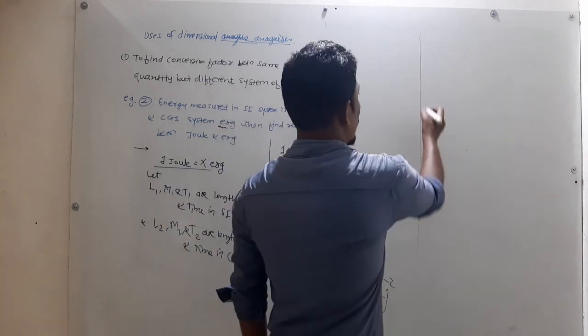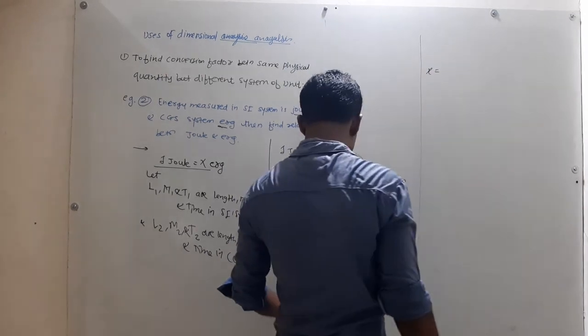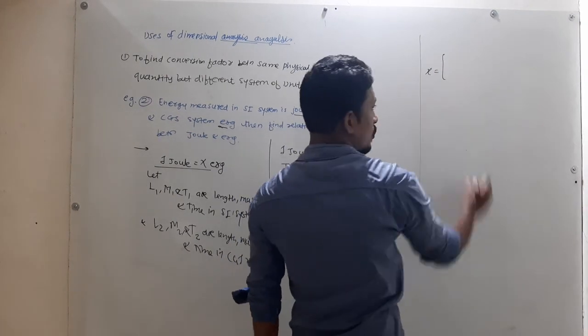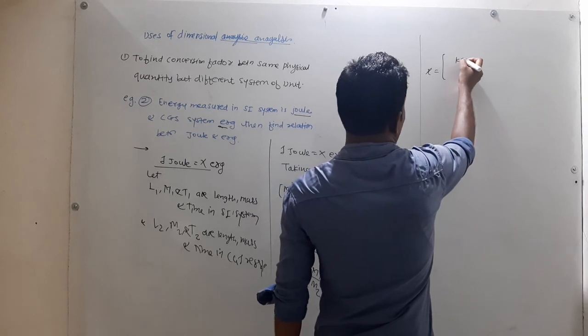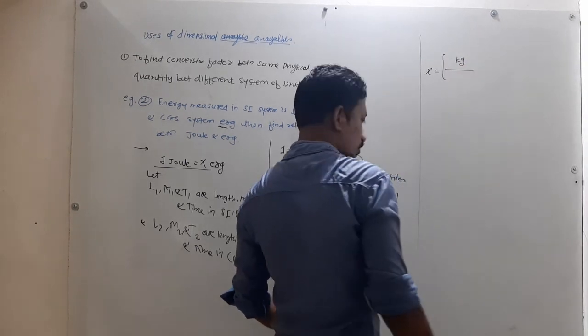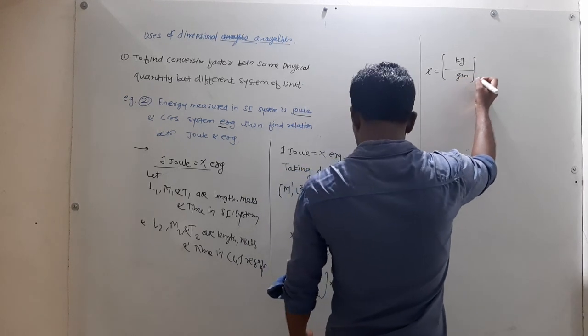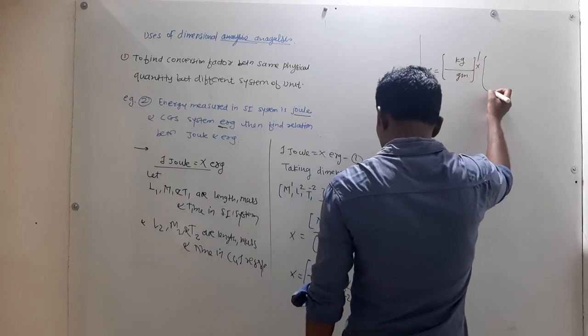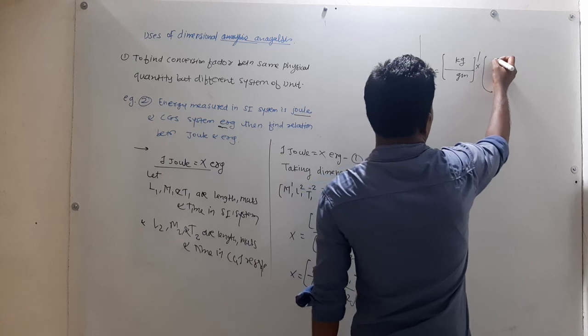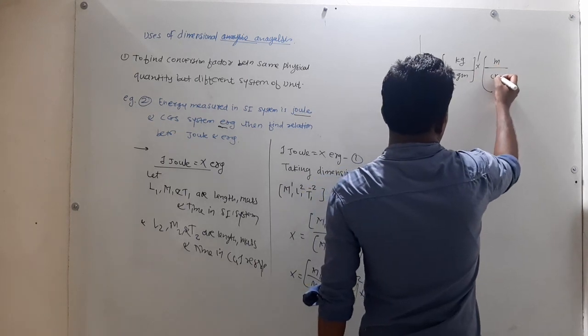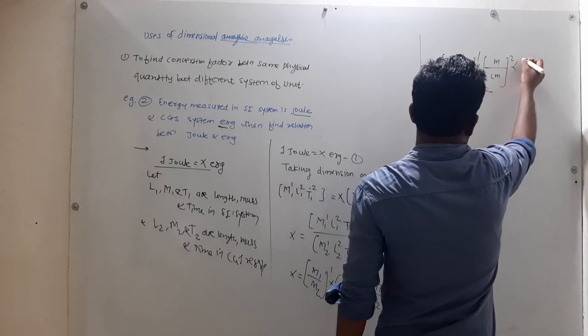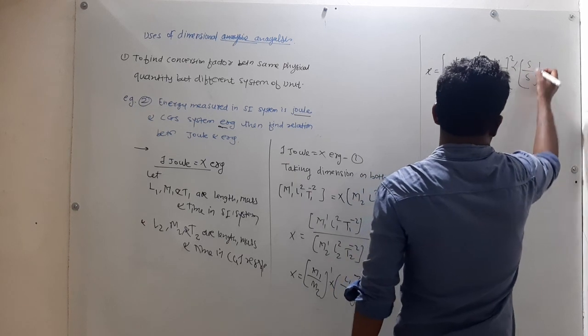That is, x is equal to mass in SI system, kg, upon mass in CGS system, gram, bracket 1, into length in SI system, meter, upon centimeter, bracket raised to 2, into second upon second, bracket raised to 2.